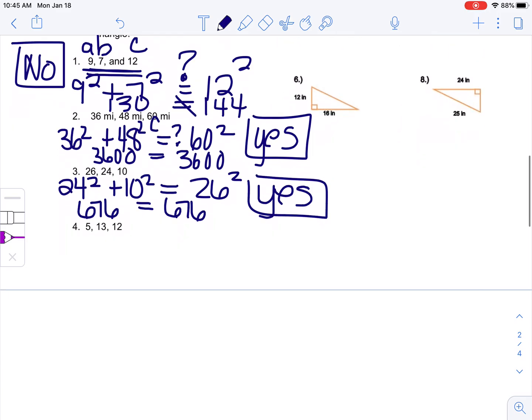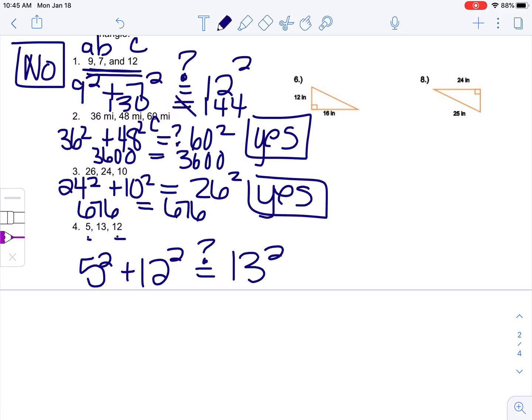Okay, try this next one on your own. You can pause it, and then when you're ready to check it, play the video some more. I'm going to go ahead and solve it though. So 5 and 12 are my two smaller sides, so that's going to be side A and B. So I'm going to do 5 squared plus 12 squared, and I'm checking, does that equal side C, which would be 13 squared.